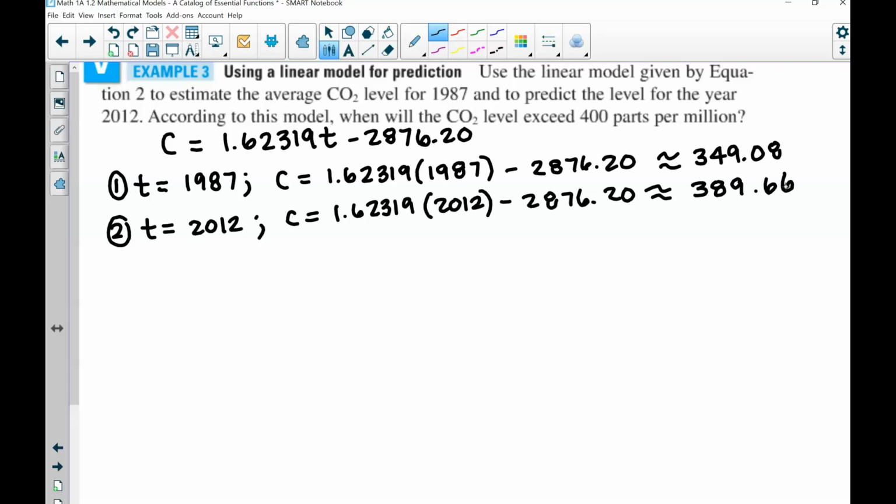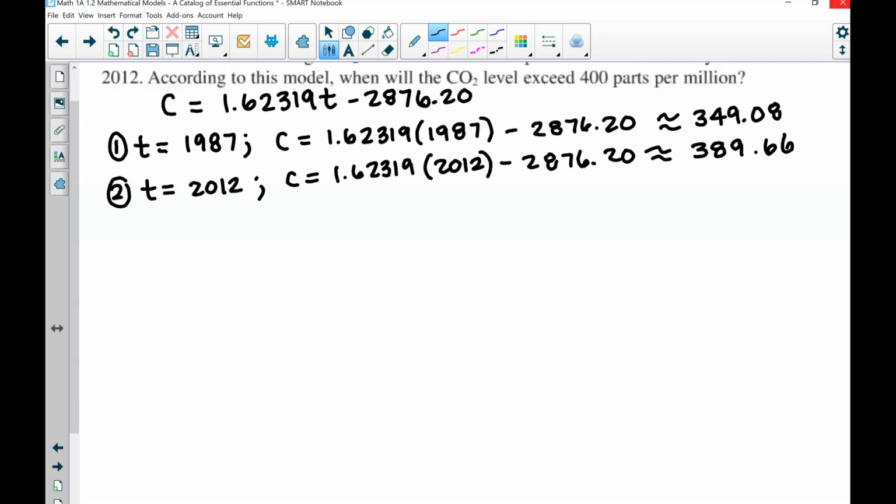So we're predicting the average carbon dioxide level in the year 2012 to be 389.7. Now, this is an example of extrapolation because we have predicted the value outside the region of the observations. So consequently, we are far less certain about the accuracy of our prediction.